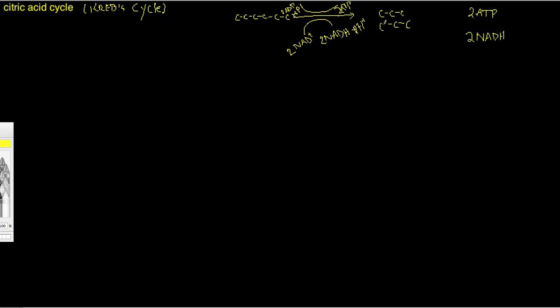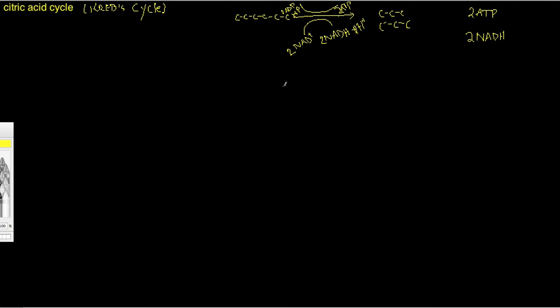Now, before going into the citric acid cycle, this pyruvate right over here has to be modified. It has to go through some processes in order to be able to enter the citric acid cycle. And remember, the citric acid cycle is happening in the mitochondria, whereas glycolysis was happening in the cytoplasm.